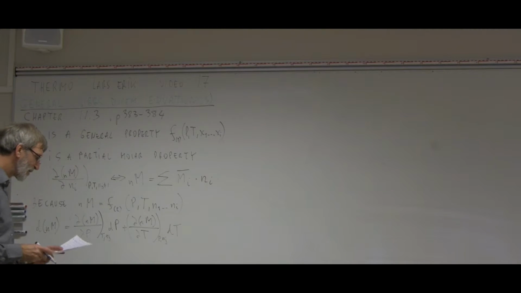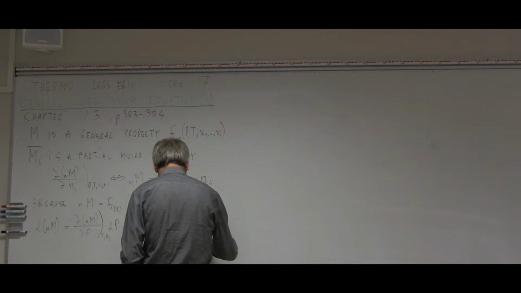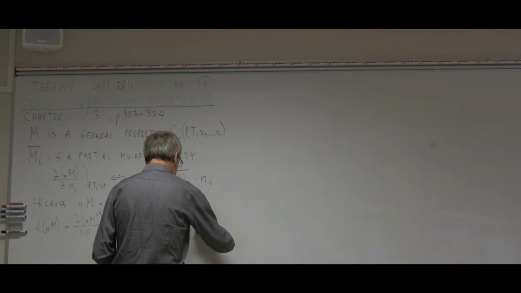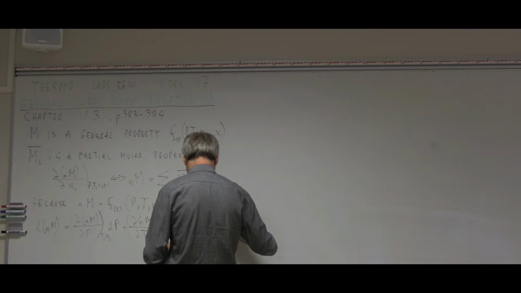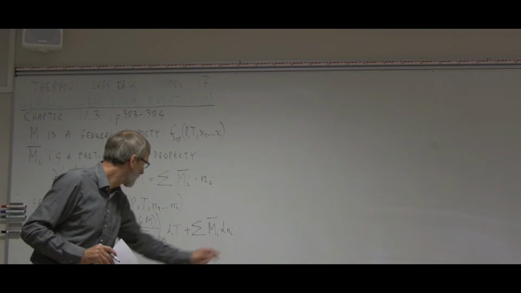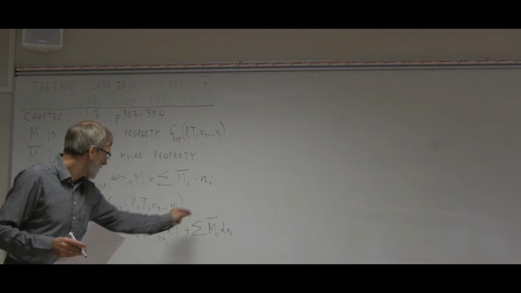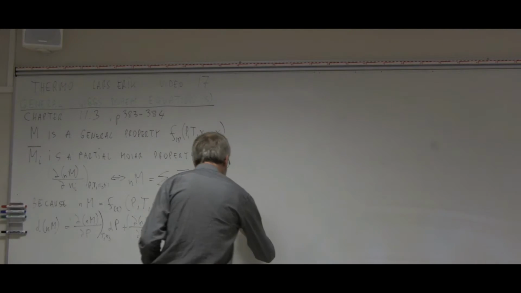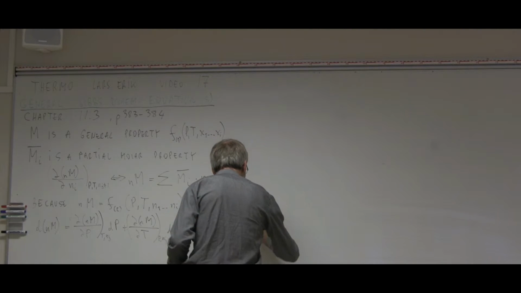That is the change with temperature, and we can also let all the amounts change. So that is when we change all the possible variables that M is a function of, and that is equation 1.